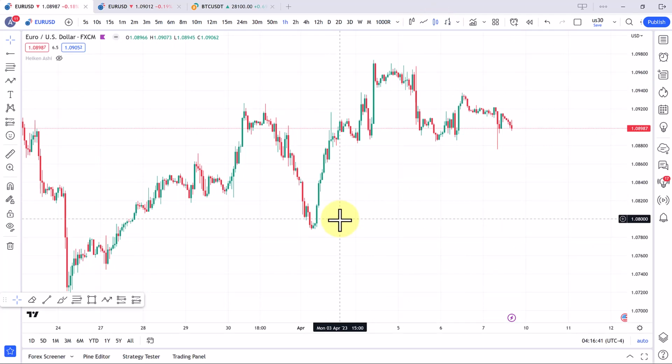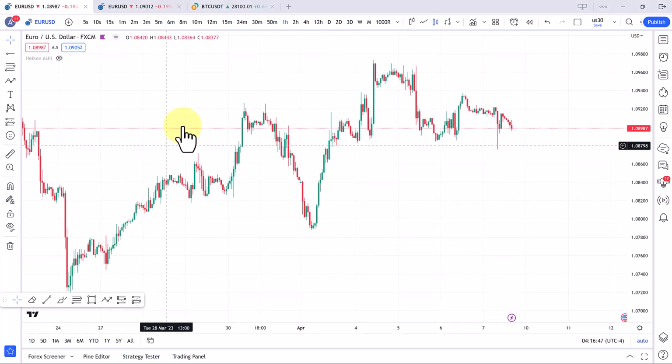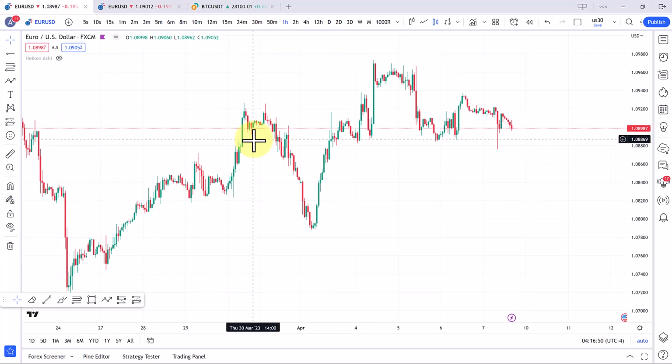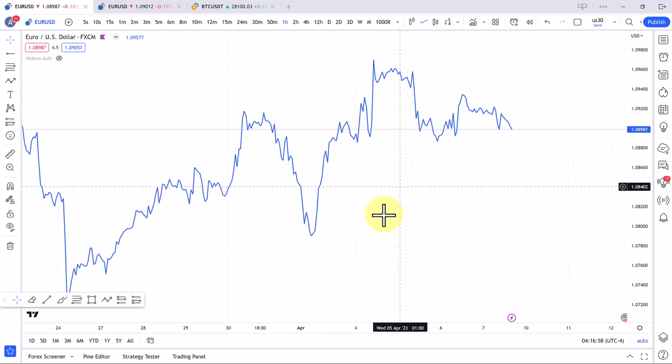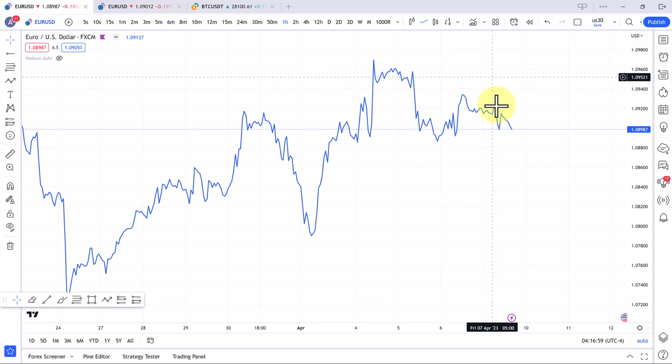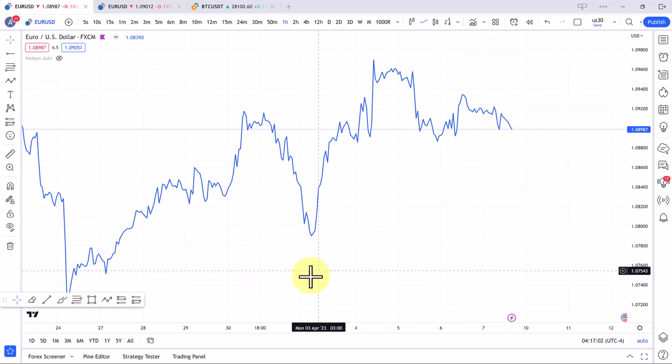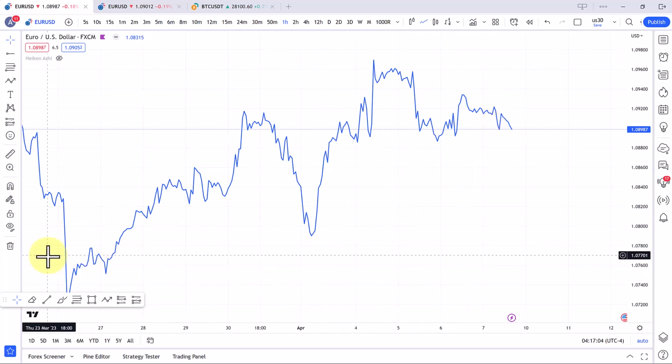Why? Because of the shadows, because of the colors and other things that are attached to it. Yes, it is a more powerful way to see the market, in my opinion, but when you are using a line chart, all of these noises are cleaned out or smoothed out. So the first is less noise.